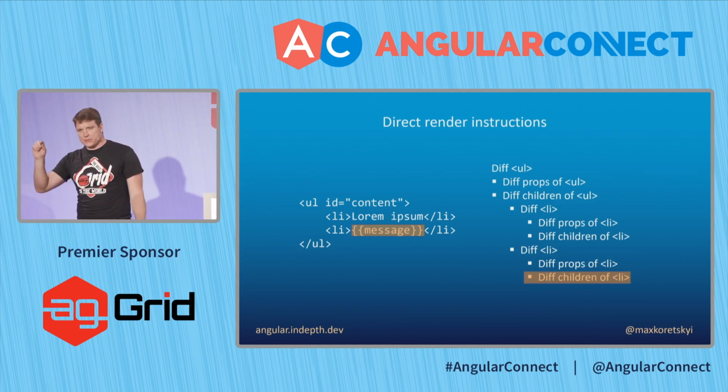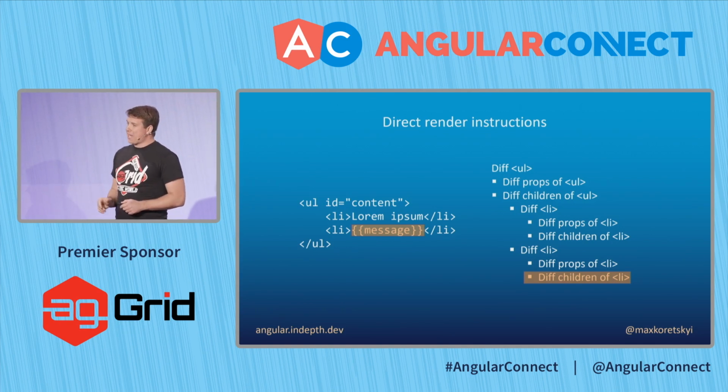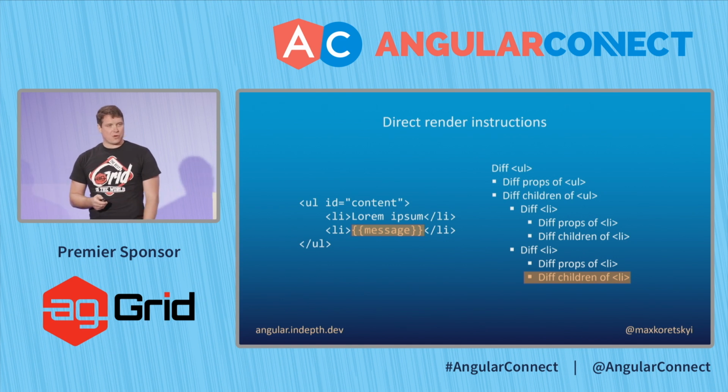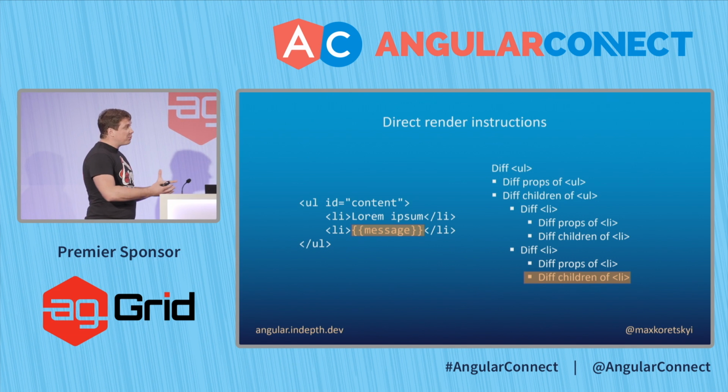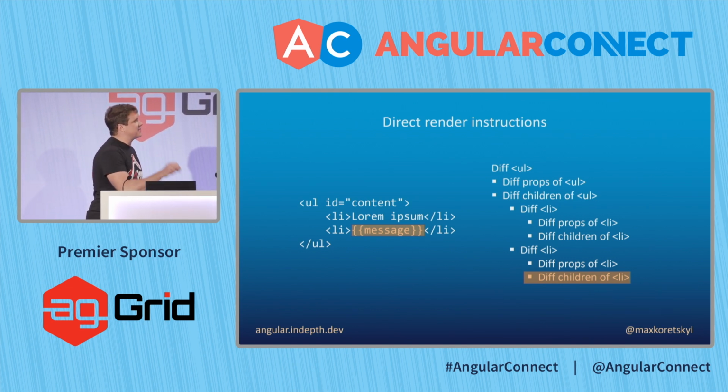We use directives to signify which parts of a template are dynamic so that it needs to be checked during change detection run.